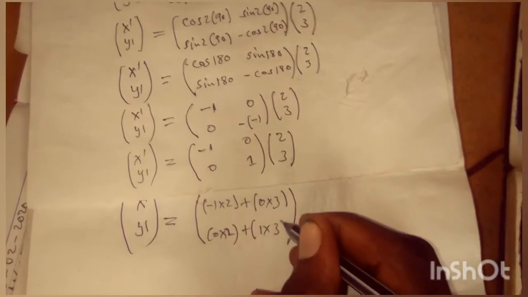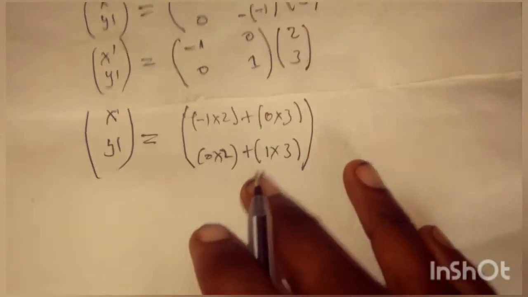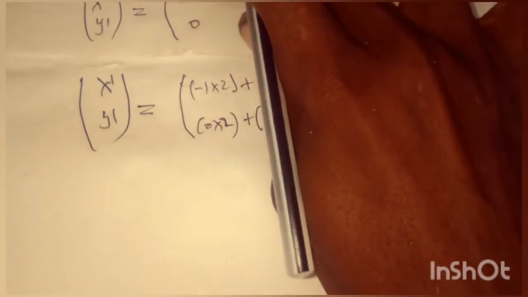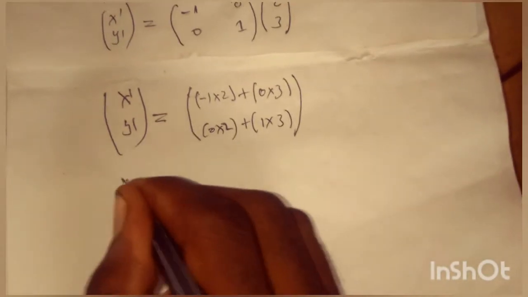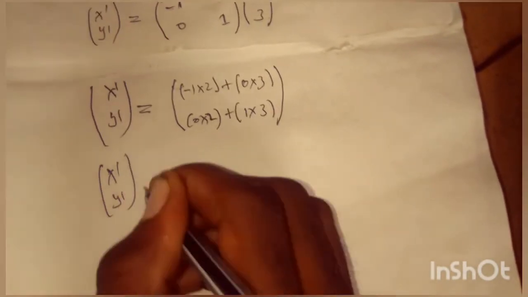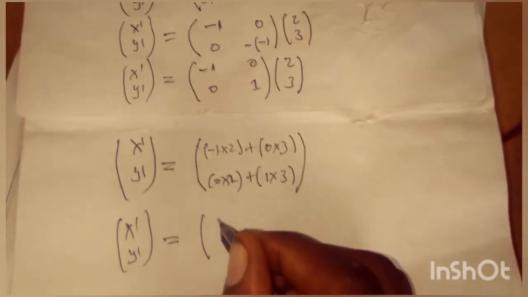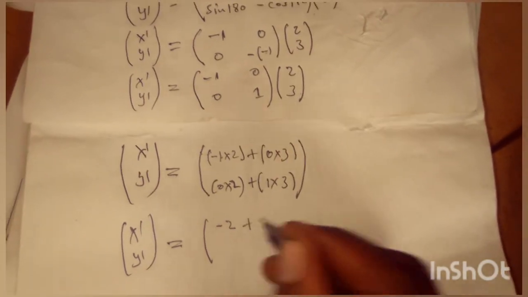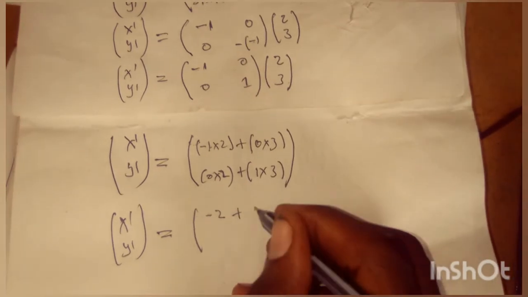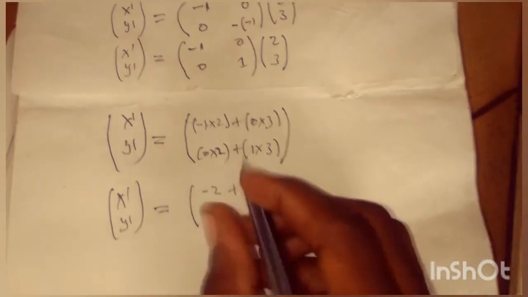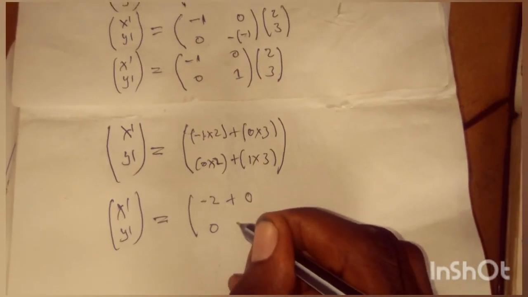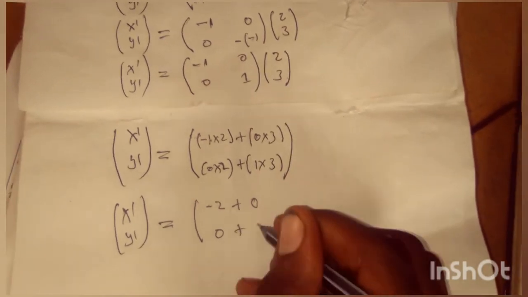This is the matrix concept. So -1 times 2 is equal to -2, plus 0 times 3 is equal to 0, and 0 times 2 is equal to 0, plus 1 times 3 gives 3.